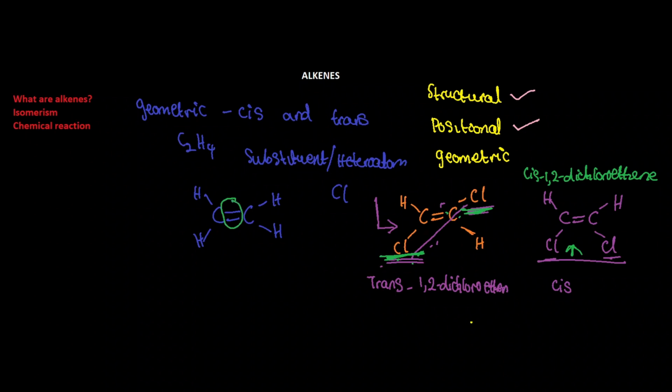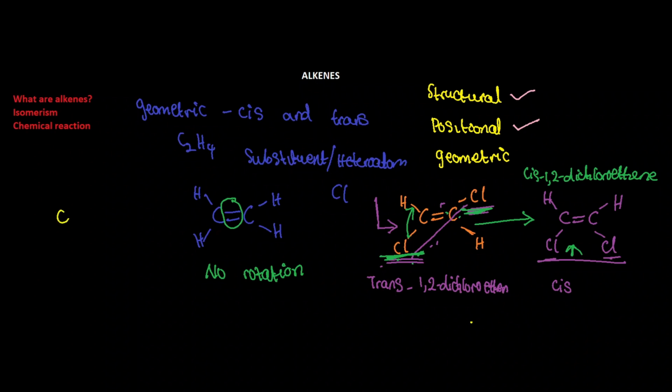Now it's good for us to take note of the fact that, due to the presence of the double bond, rotation is hindered, so there is no rotation. The double bond hinders rotation, and that is why we can't have chlorine rotating upwards and transitioning into a cis isomer.